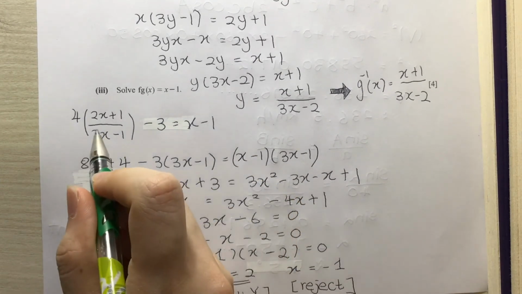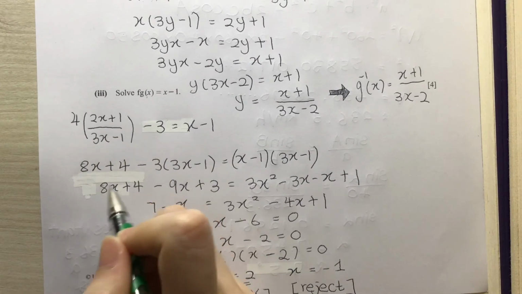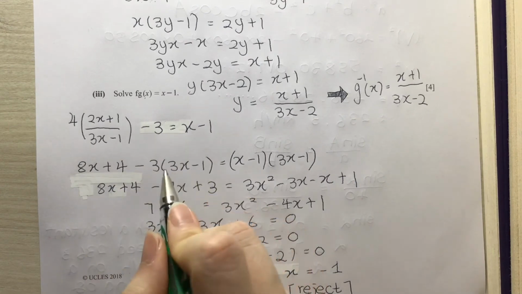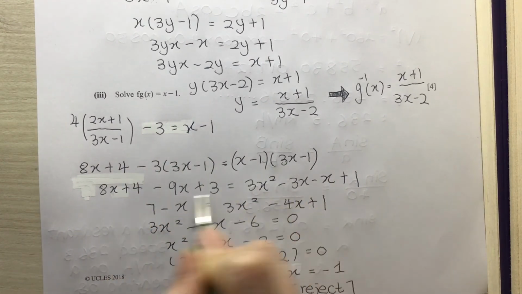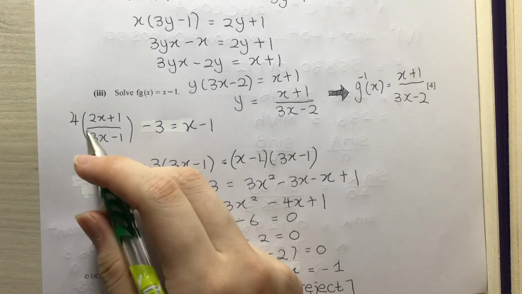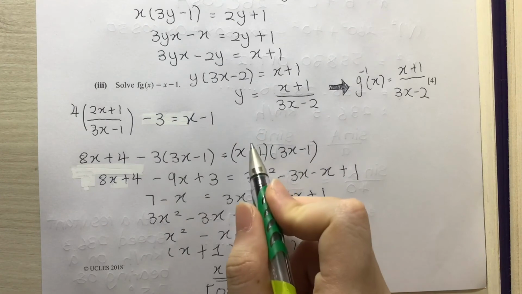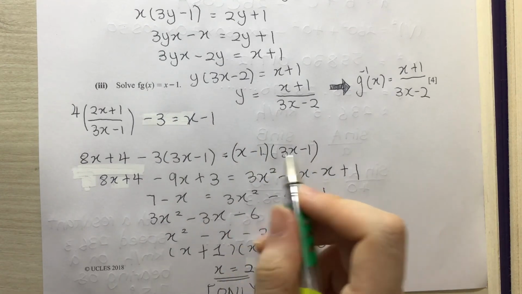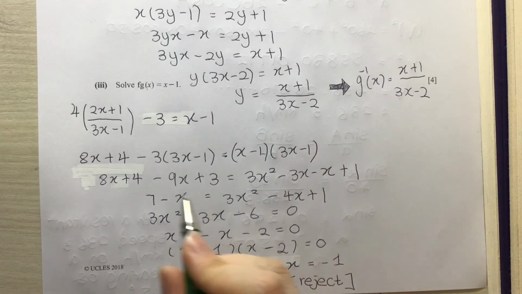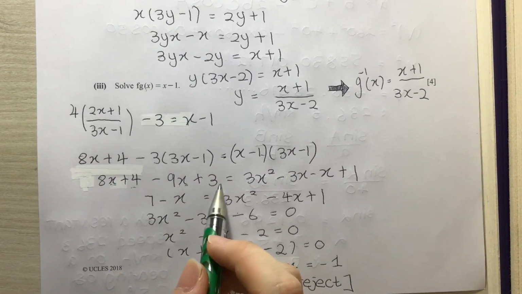And then the bottom part of the fraction can be eliminated for the first two terms over here. And as I multiply with the other terms, notice that I multiply through by x minus 1 as the whole expression. So I bracket them. And then when I expand them, I will get a quadratic equation. And here we also have x, as well as some constants.